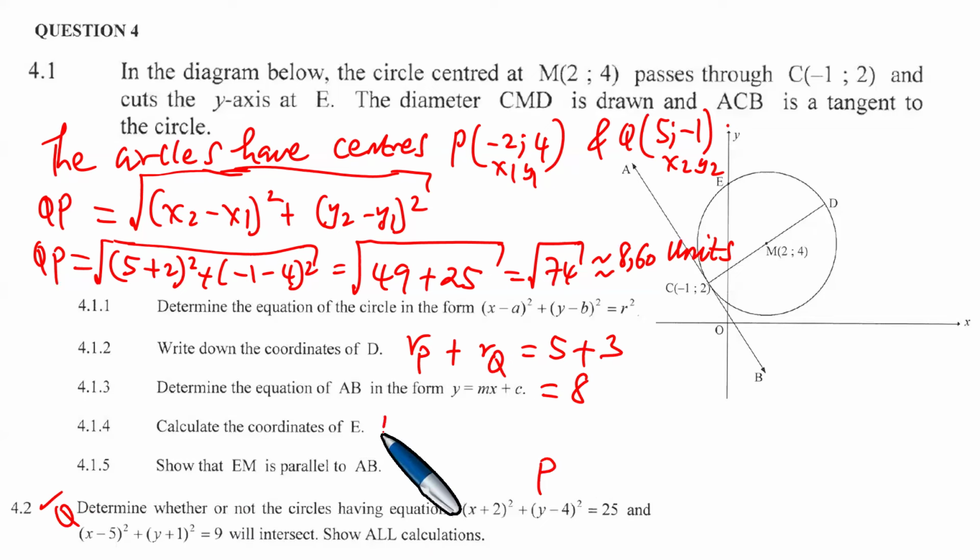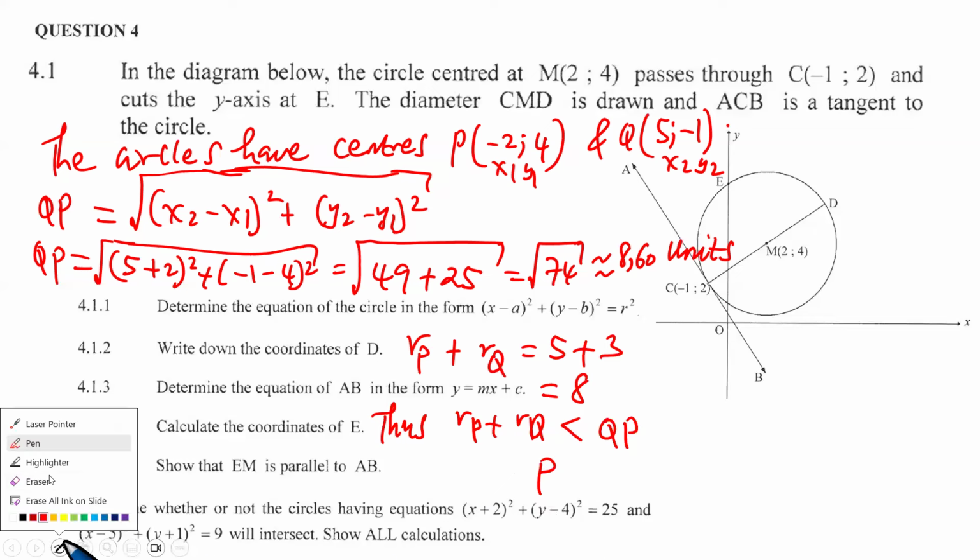So RP plus RQ is 8, but 8 is smaller than QP.